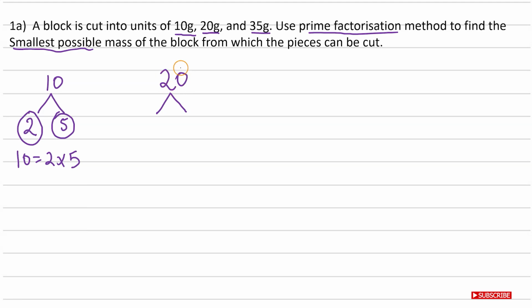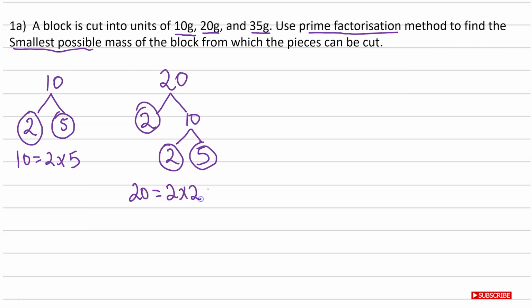If a number ends with a 0, you can always use a 10. So I'm going to do 2 and 10 here. Now 2 is a prime number, so I circle it, and 10 is 2 times 5, so I circle these two. So 20 is equal to 2 times 2 times 5.